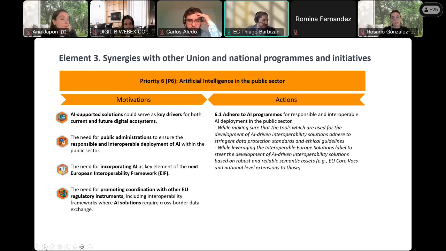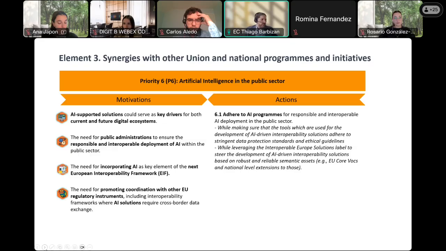And this means that we need to make sure that AI solutions are developed with interoperability in mind, right? And that Interoperable Europe solutions, those that are labeled, can help to steer the development of AI solutions that are based on reliable semantic assets, and that are adhering to data protection standards and ethical guidelines.